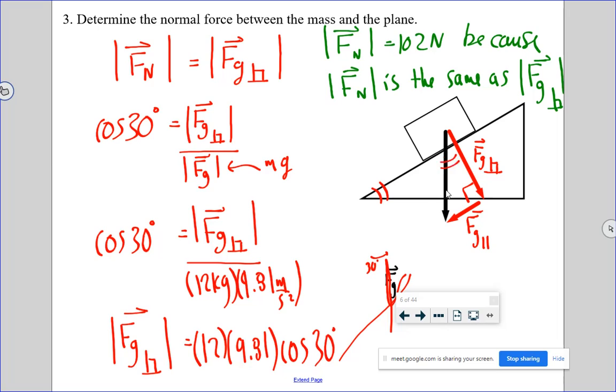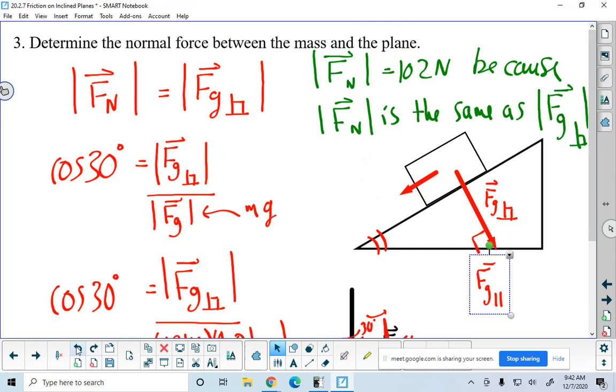I'm not going to draw the 30 degrees. What I'm going to do is draw the force of gravity perpendicular and the force of gravity parallel on the object. So this that you're looking at now is how you would typically draw the two forces. What I had before is what you would have to draw if you needed to figure out how to calculate them. But this diagram you will never have to draw again.